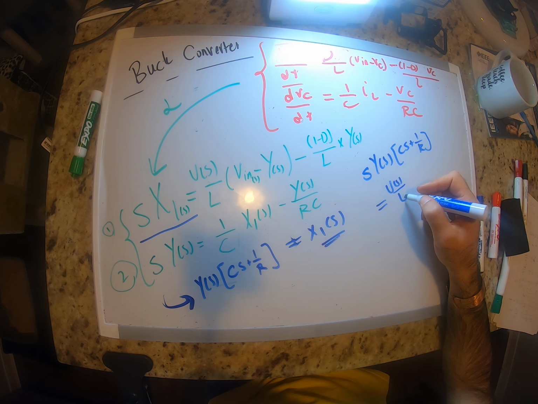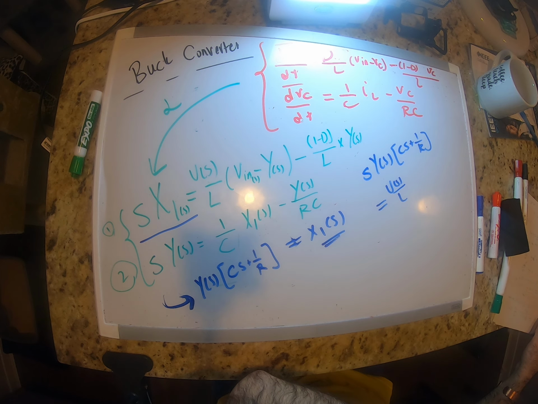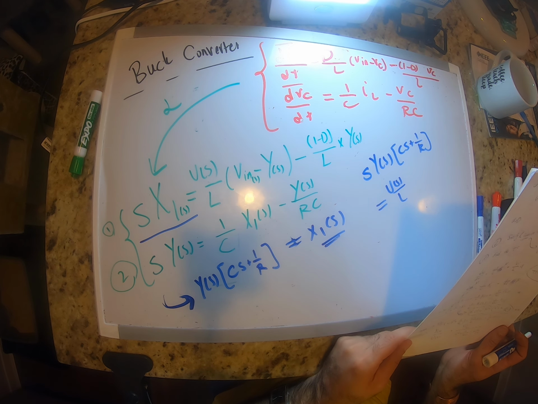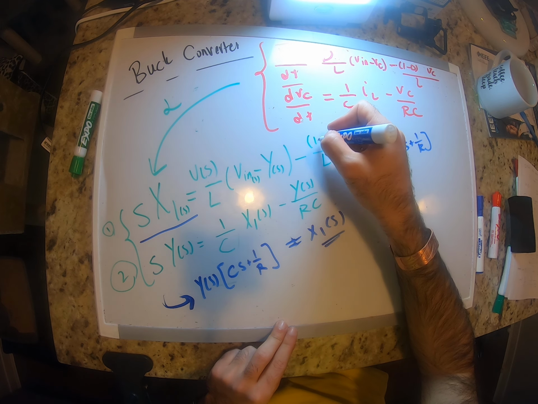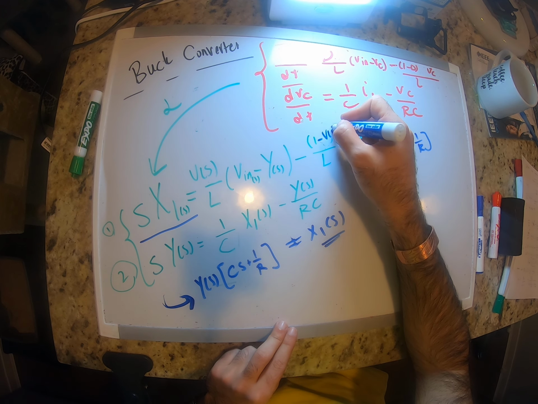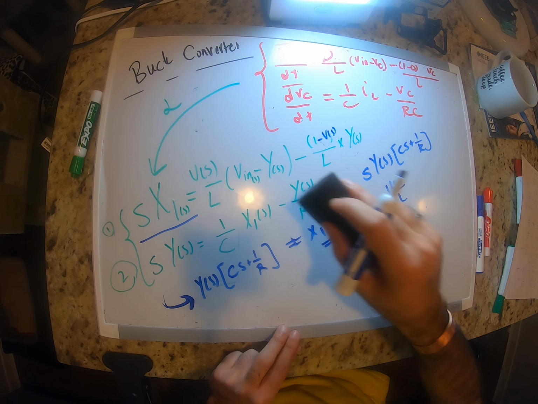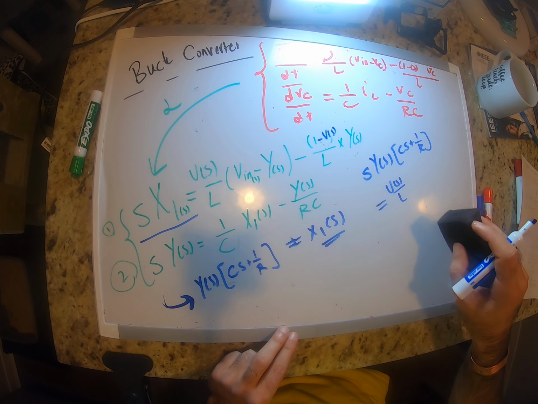I might have made a mistake somewhere here. I could have simplified this. This is also 1 minus U of S. Let's actually simplify the equation here. I'm sorry, that's my bad, but it's very easy to fix.